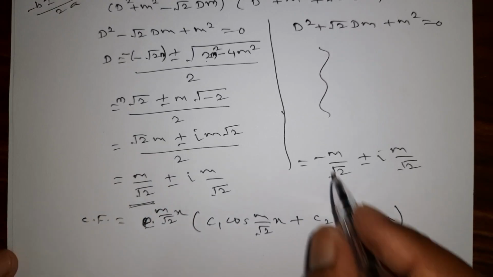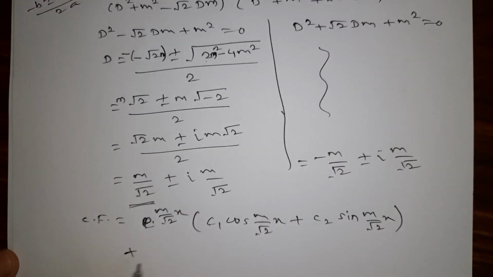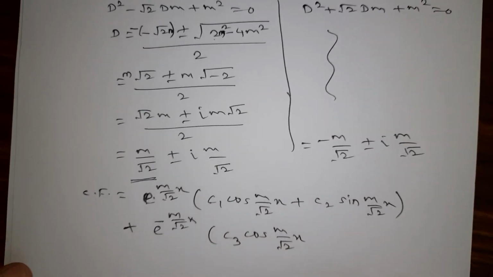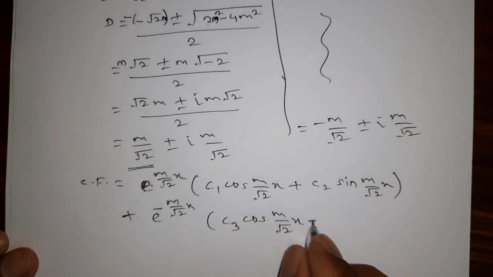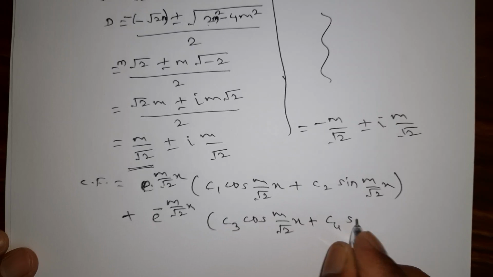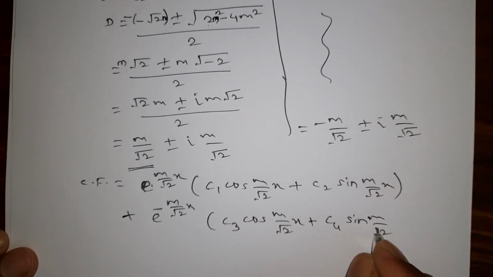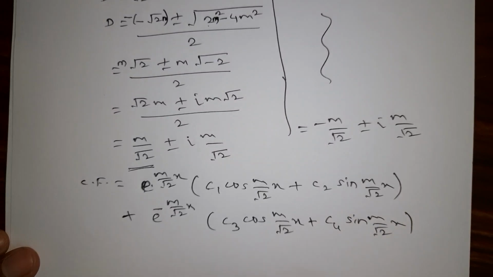For the second term, take e to the power. So, here plus e raised to minus m upon root 2 into x, plus C1, C2 already used, so C3 cos m upon root 2 x, right, plus C4 sin m upon root 2 into x.